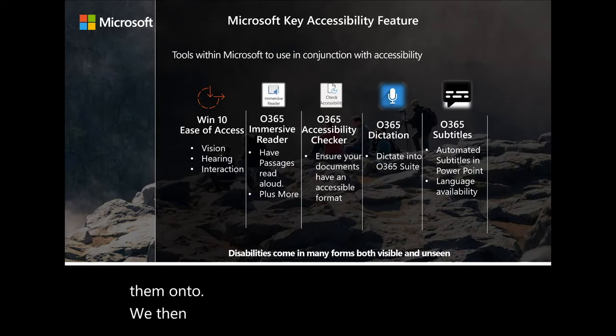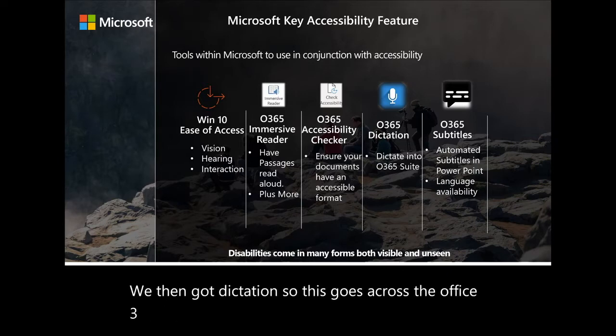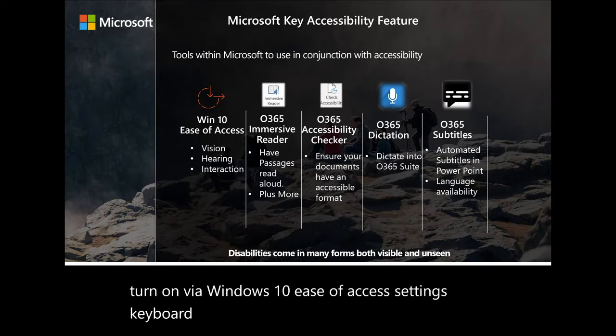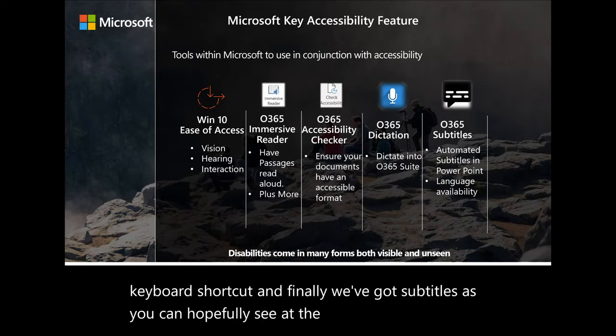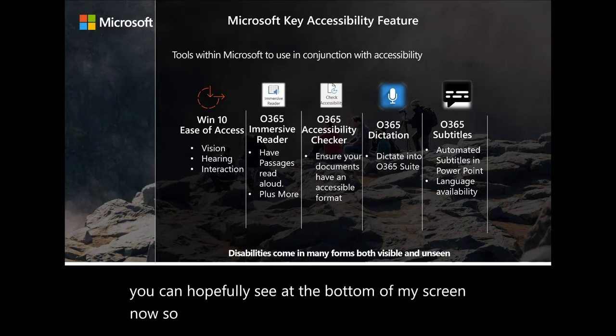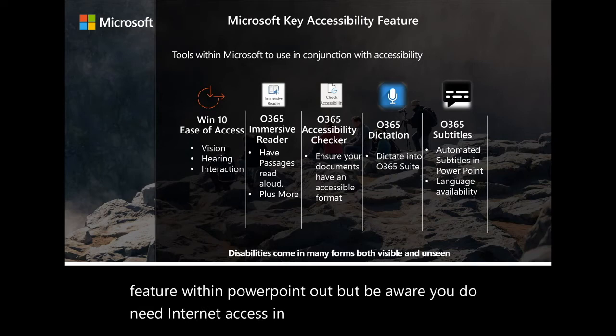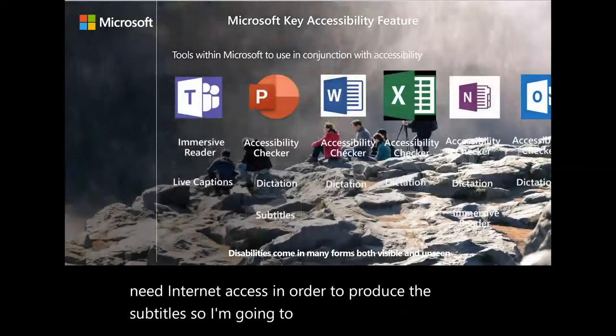So this goes across the Office 365 suite, and there's also a dictation tool you can turn on via Windows 10 ease of access settings and a keyboard shortcut. And finally, we've got subtitles, as you can hopefully see at the bottom of my screen now. So this is automated subtitles, a feature within PowerPoint, but be aware you do need internet access in order to produce the subtitles. So I'm going to go into demo now onto Office 365.